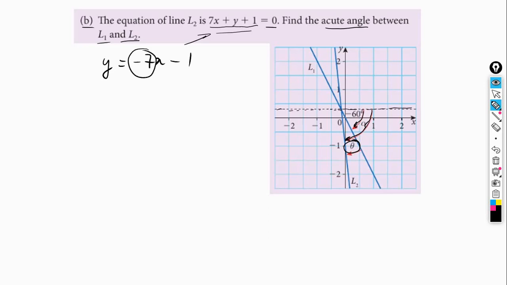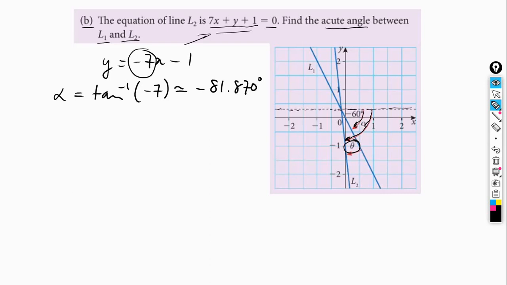So alpha is going to equal the inverse tangent of minus 7, and that's going to be approximately negative 81.870 degrees.